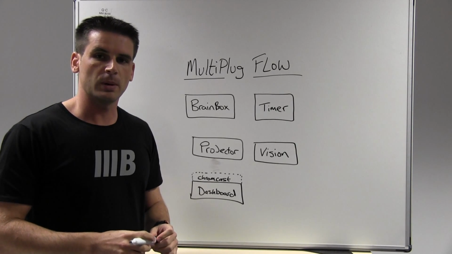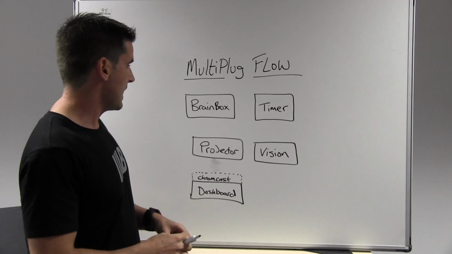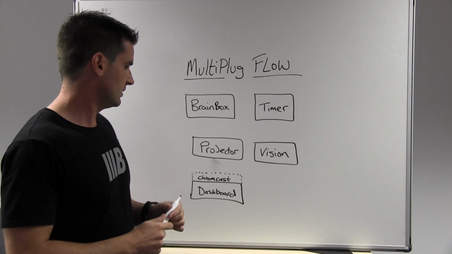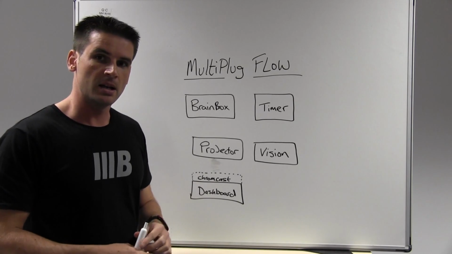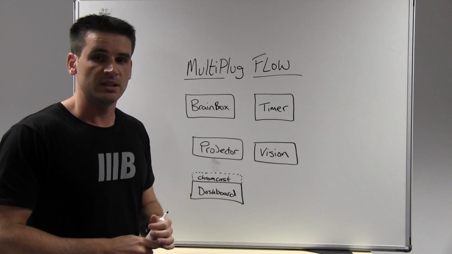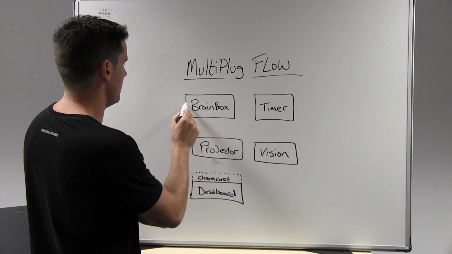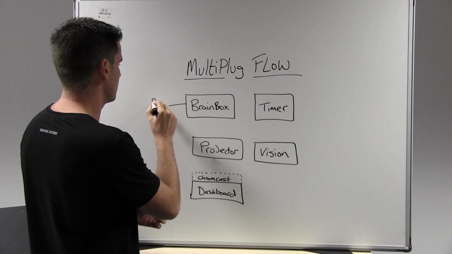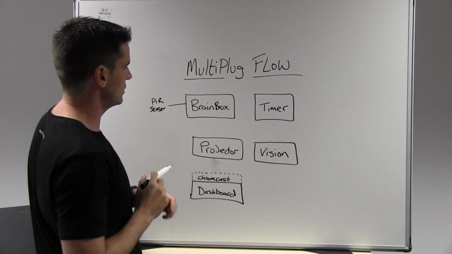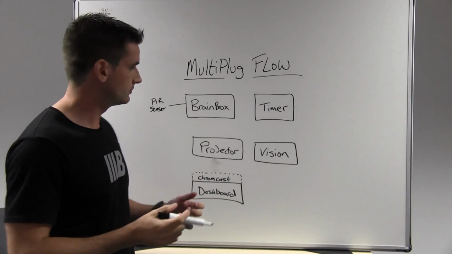So I'm just going to give a quick demonstration of how to set up a simple flow using the MultiPlug, and four extensions that do different elements of functionality, but put them all together and they come up with a dashboard that displays when someone's moved, firstly using a sensor, a PIR sensor, attached to a Brainbox, which is an I/O device.